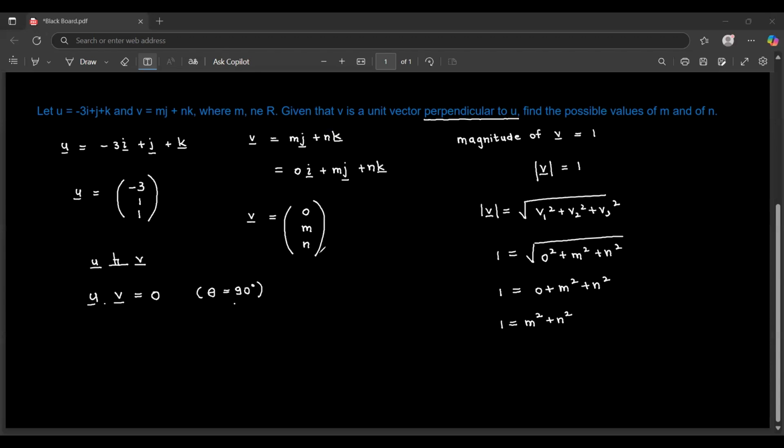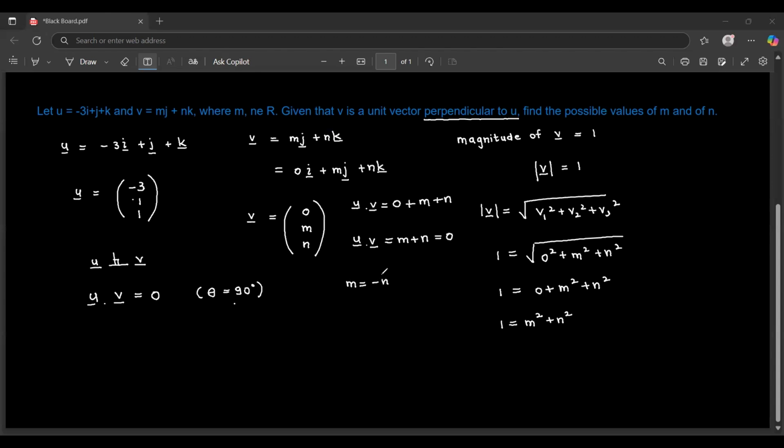So we have to find u dot v. Minus 3 into 0 is equal to 0, plus 1 into m is equal to m, and 1 into n is equal to n. So we get u dot v is equal to m plus n, which is equal to 0. So I can say m is equal to negative n.